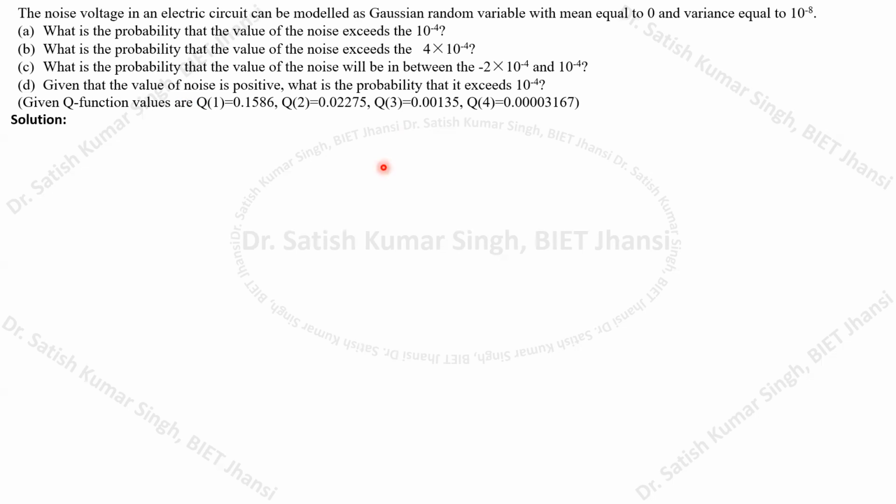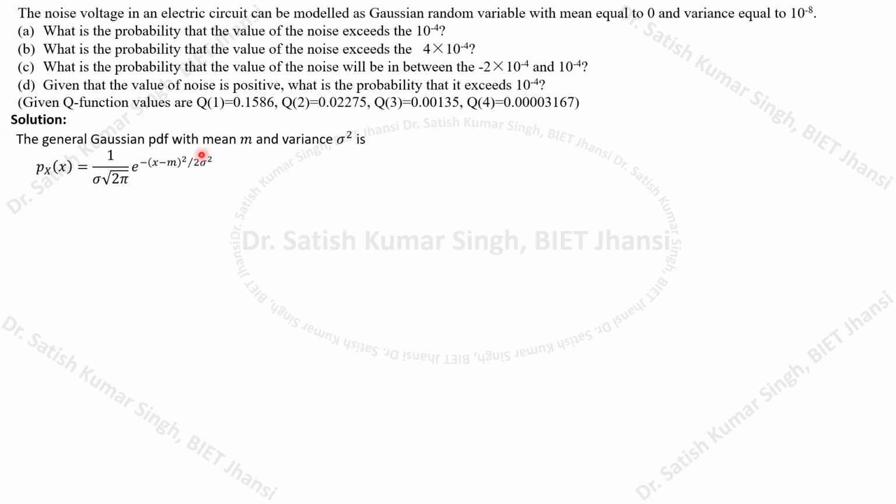As I have already explained about the Gaussian random variable, let's assume that the noise voltage is represented by capital X, the random variable capital X. We know that for the random variable capital X, if it has a Gaussian distribution, then the Gaussian probability density function is given by this particular expression.